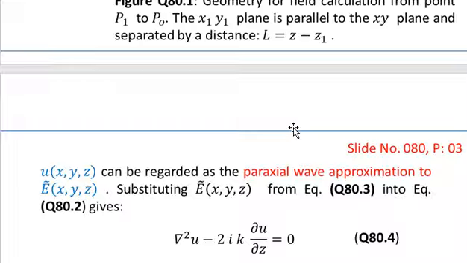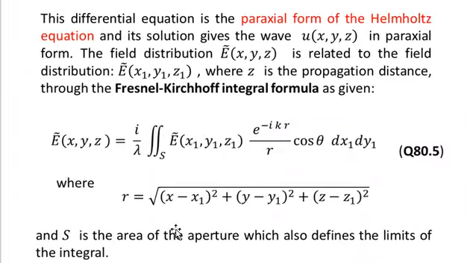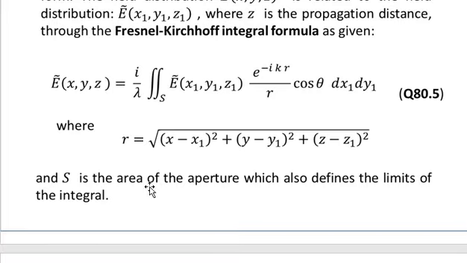So r is given by the square root of x minus x1 whole square plus y minus y1 square plus z minus z1 square. This is r. And capital S is the area of the aperture, which also defines the limit of the integral.